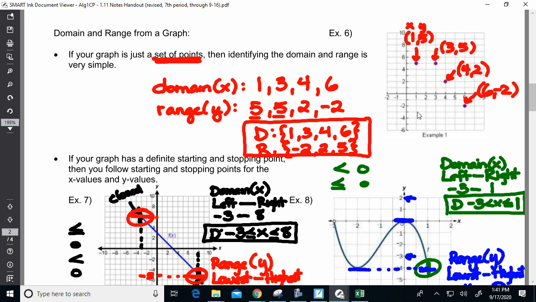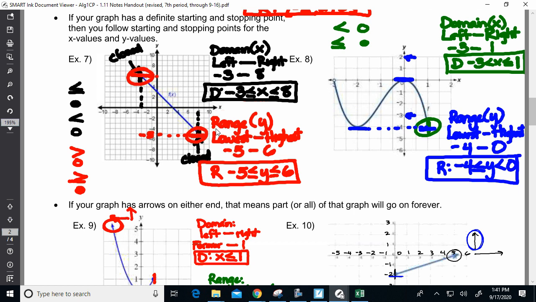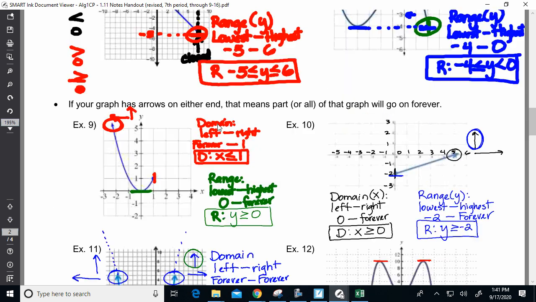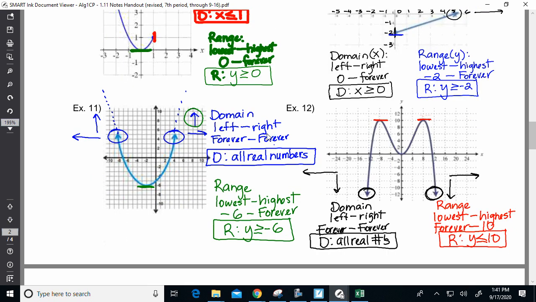How to find domain and range from a set of points. How to find domain and range if we knew where it stopped and where it ended. And we did 4 examples of how to find domain and range if any part of the graph goes on forever.